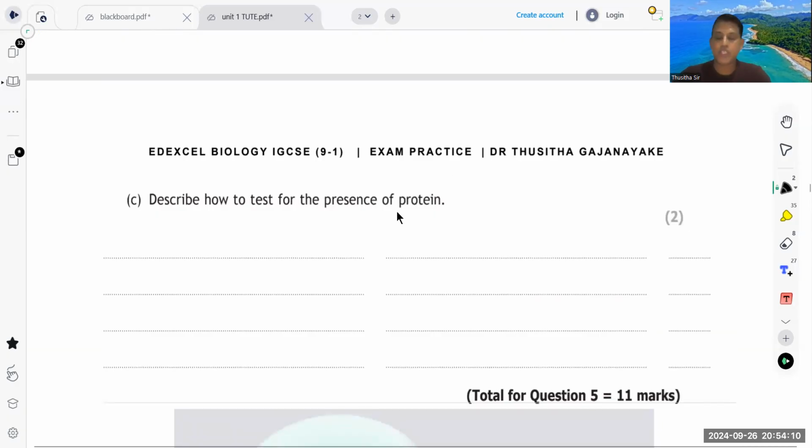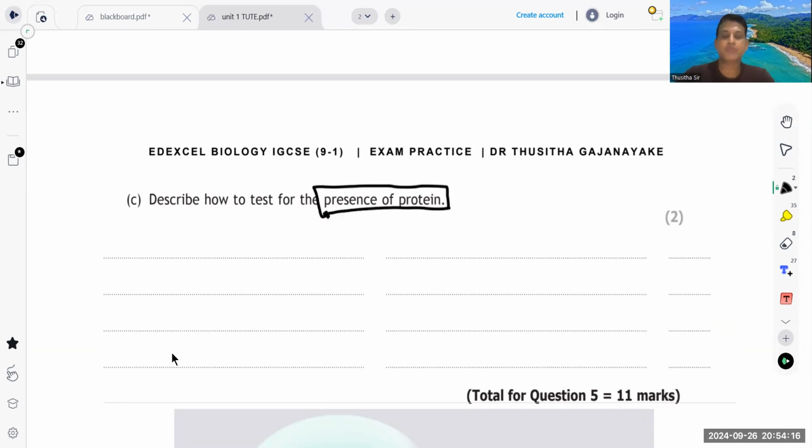Okay, I will check your theory knowledge before we finish that question. So what is the test we use for protein? What is the test we use to check proteins? So maybe I think all of you can answer. What is the test we use to test for proteins?